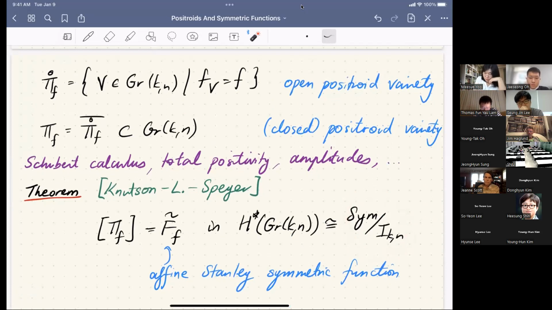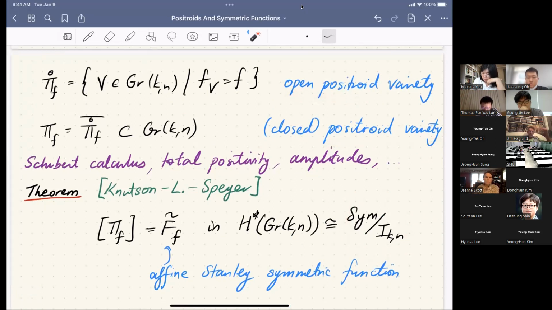It's a very standard fact in symmetric function theory that if you take Schubert varieties, which are special cases of positroid varieties, you get the Schur function. It's a natural question, what happens if you take any positroid variety?